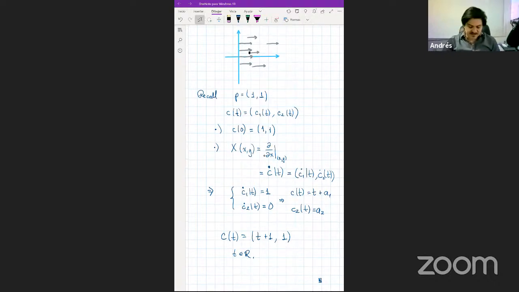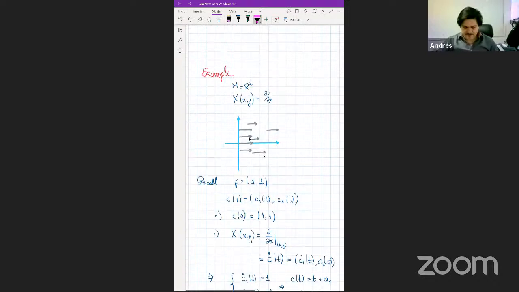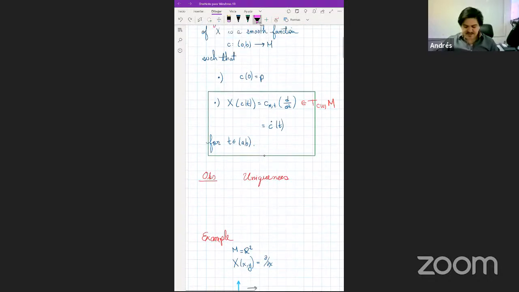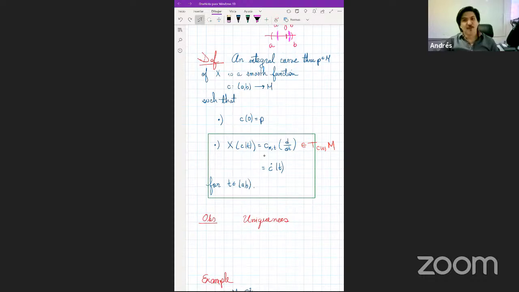So again, I would like to stress the integral curve is just the solution of a system of ordinary differential equations subject to an initial condition. Now, as I said here, the function can be different if we take a smaller interval.